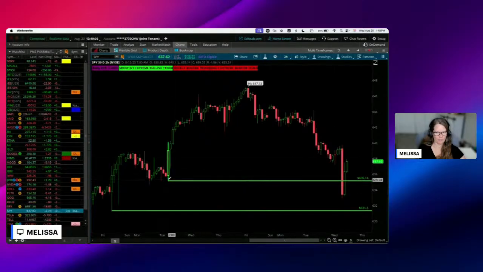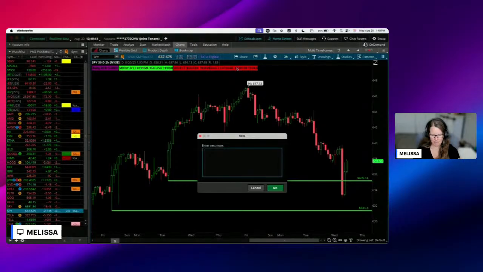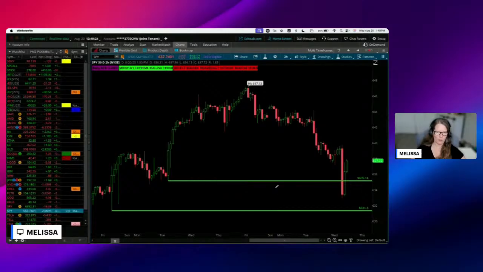I'm looking for where my support's at, and it's right here. Okay, so this has created me a support zone or where I would be looking to go long today. All right, so there's your support.